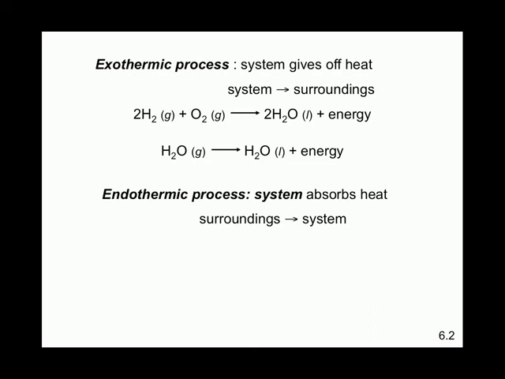So I will say when something feels cold to me, that means an endothermic process is going on. I'm part of the surroundings, and I'm losing heat to the system. And I can't stop that unless I can put on gloves or something like that. But the process is still going to take heat from the surroundings because it can take it from the air.